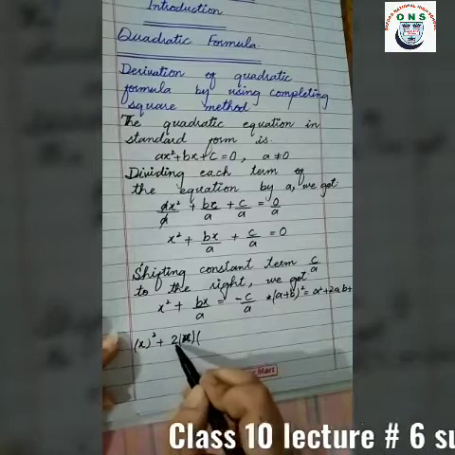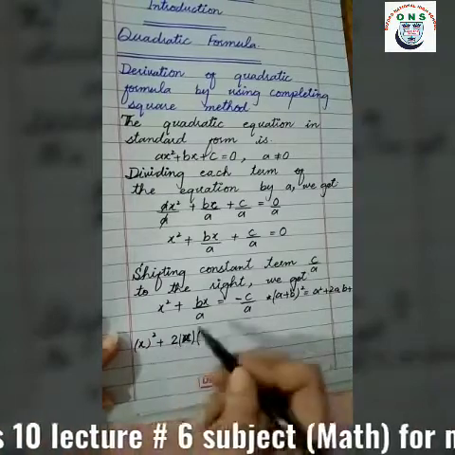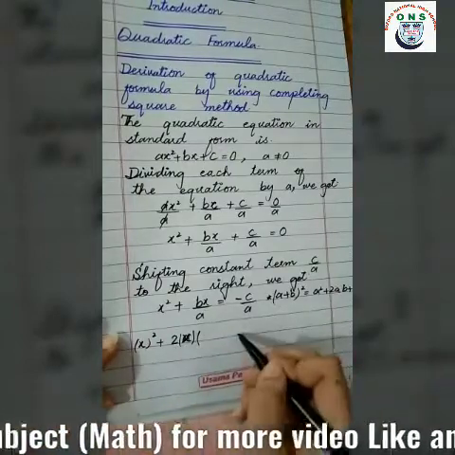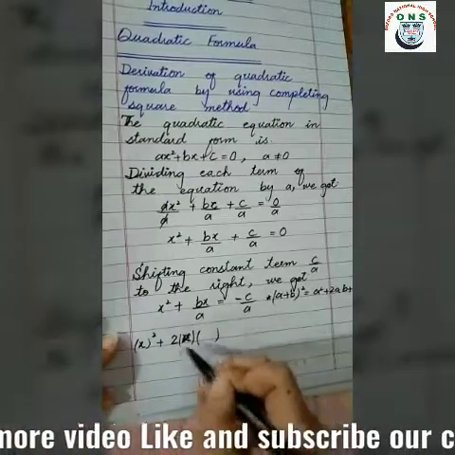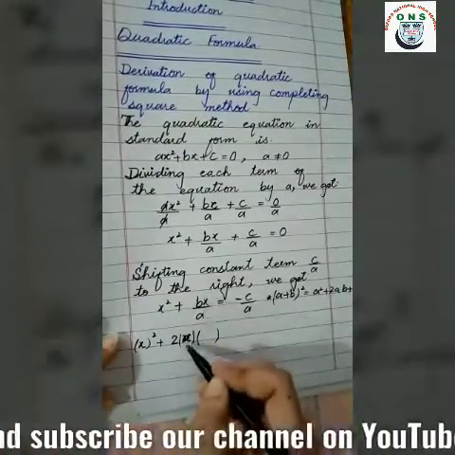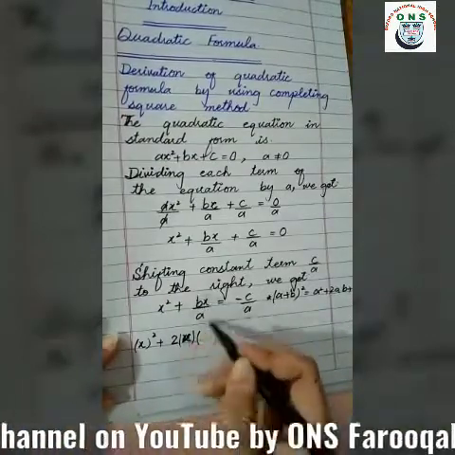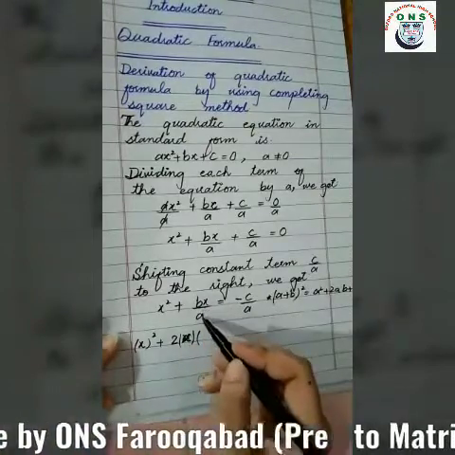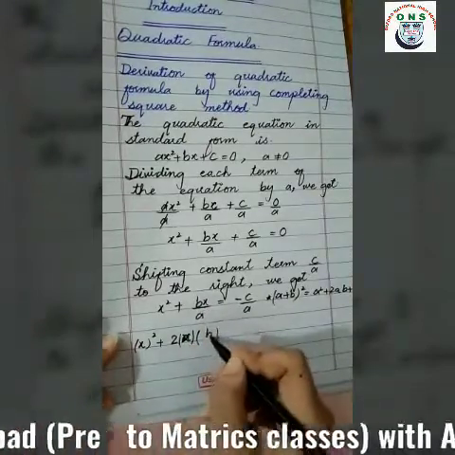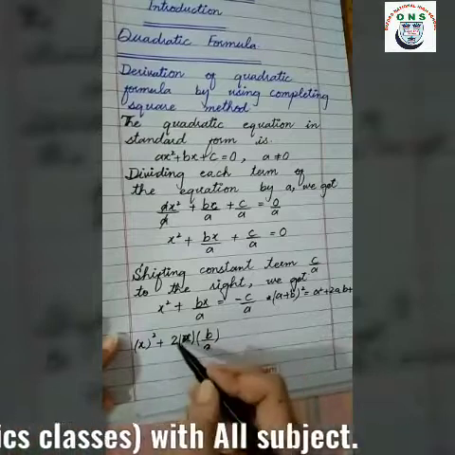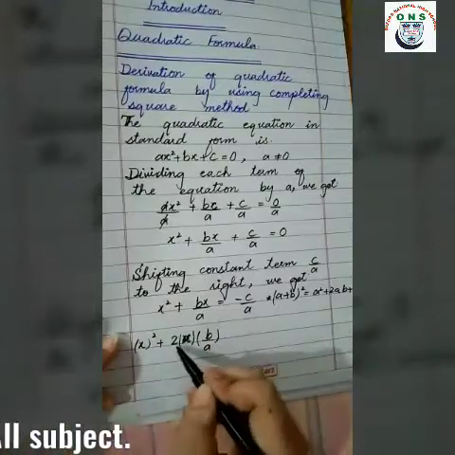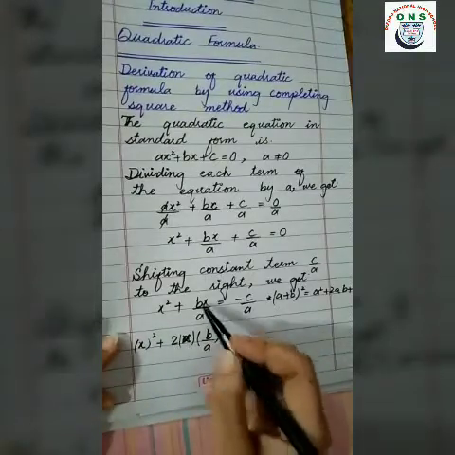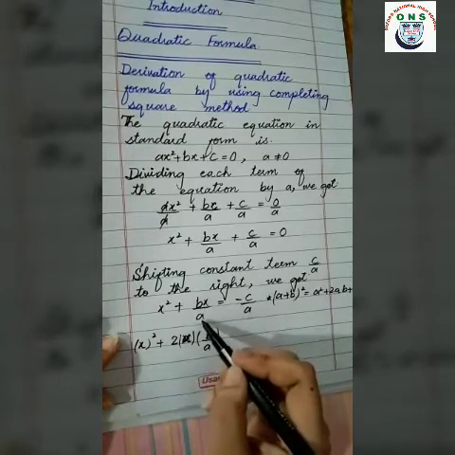That is the 2 we have taken by ourselves for formula. So b we don't know, this is a. We have to derive b from here. What is the left value? b by a. So if we multiply them, that will be 2xb by a, whereas that is bx by a.